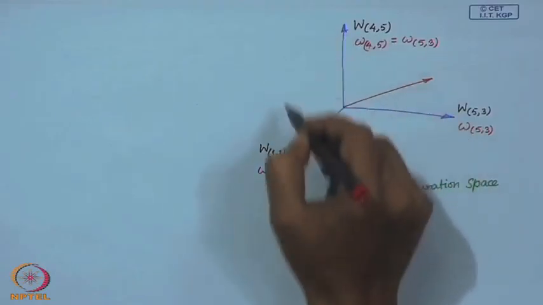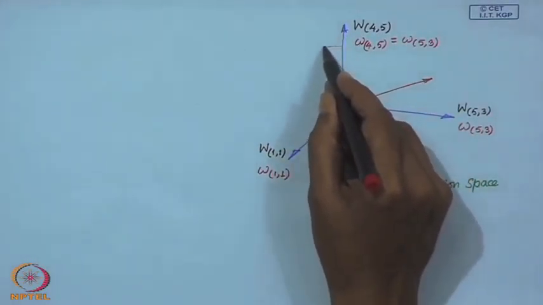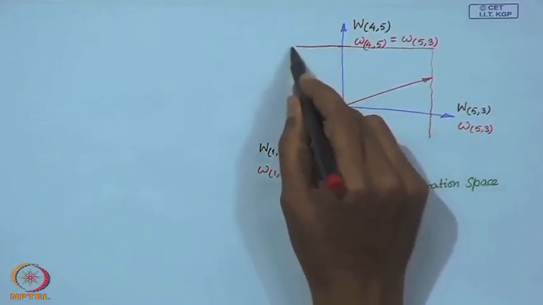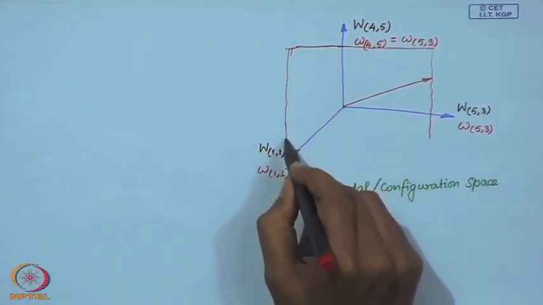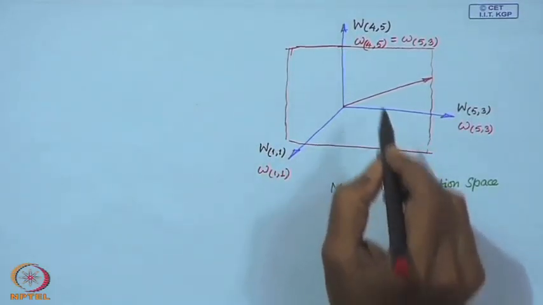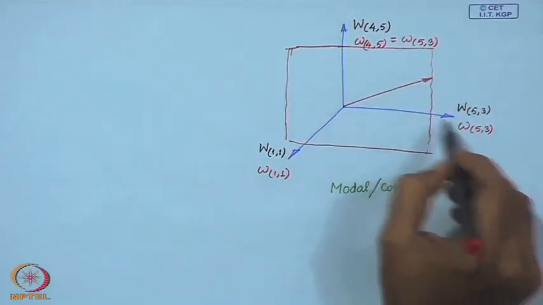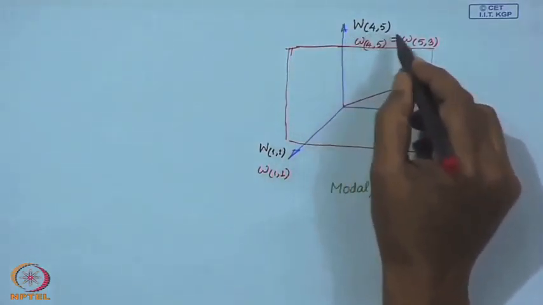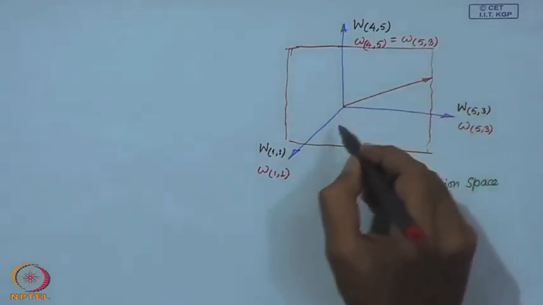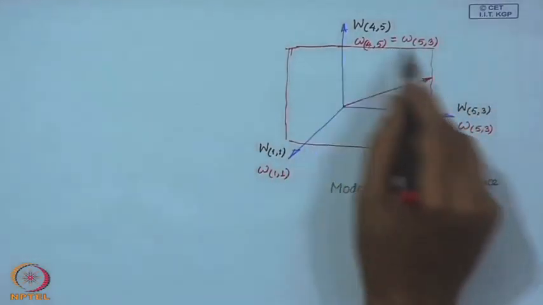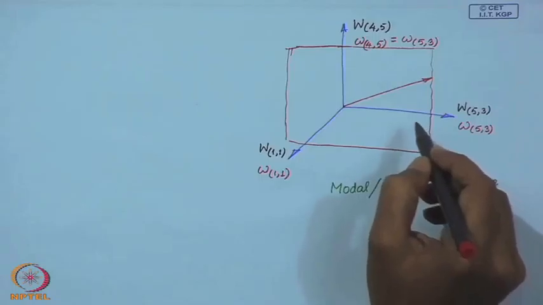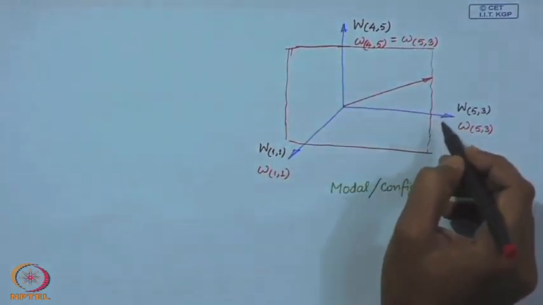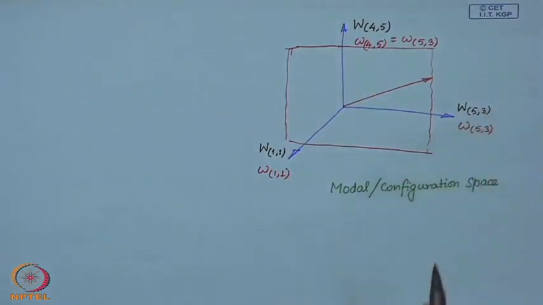So, anything that lies in this plane, the W 4 5 W 5 3 plane, any vector, any function that lies in this plane is also an eigenfunction of omega 5 3.